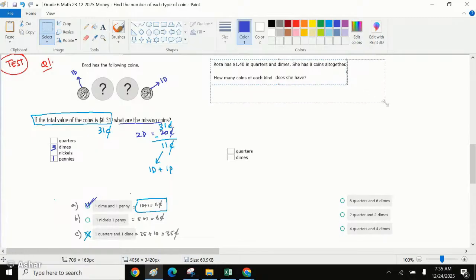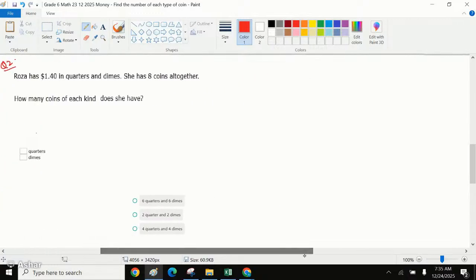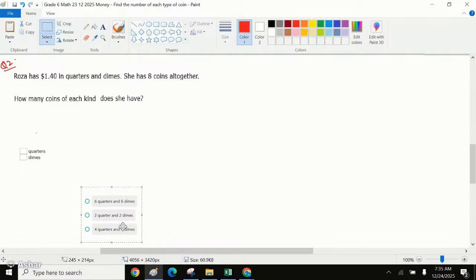Okay, I'll just enlarge that so that it's more readable for us. Rosa has $1.40. That means she has 140 cents, right?